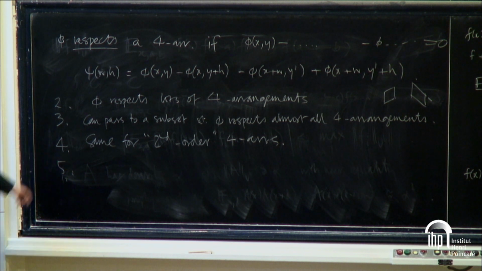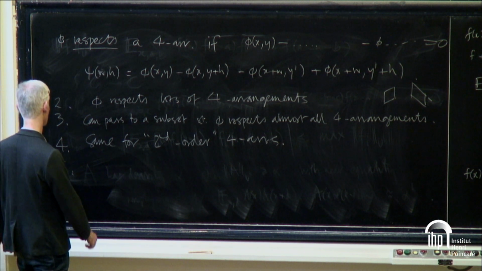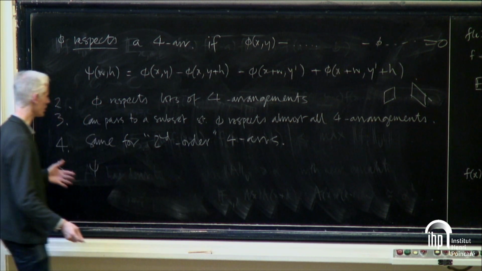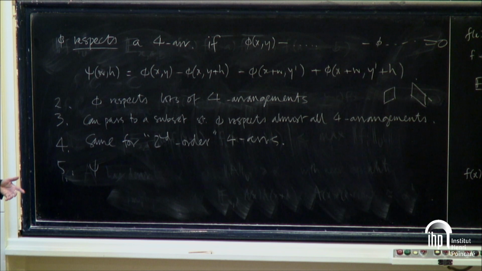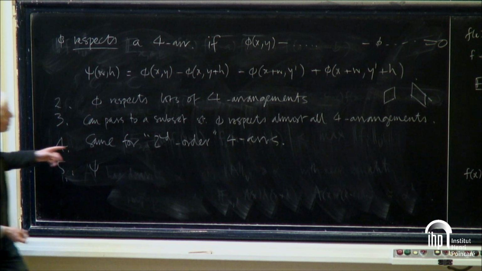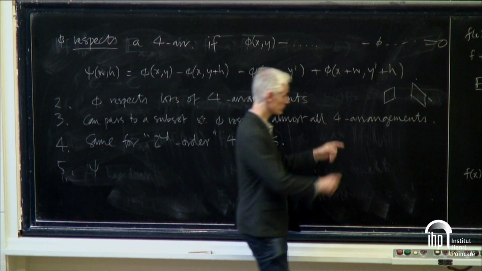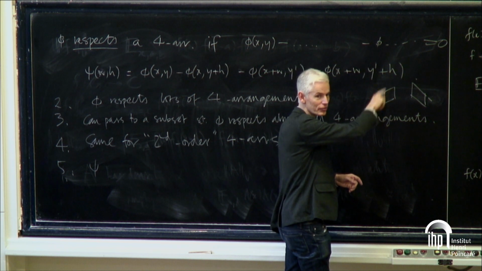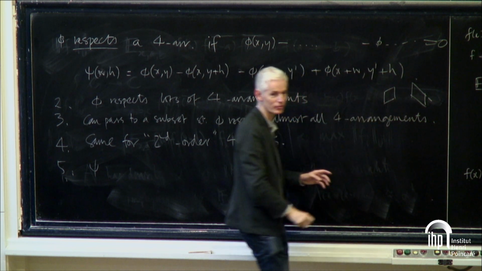Once you've got this, we get psi, a sort of induced function, that's the function that you get by psi of w of h is phi of this plus phi of this minus phi of this minus phi of this.